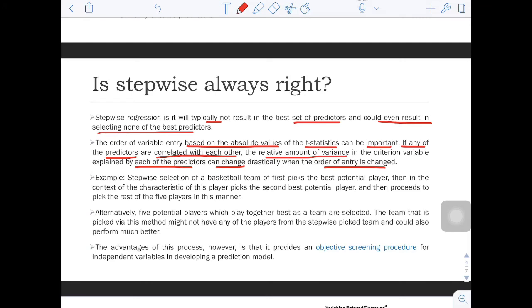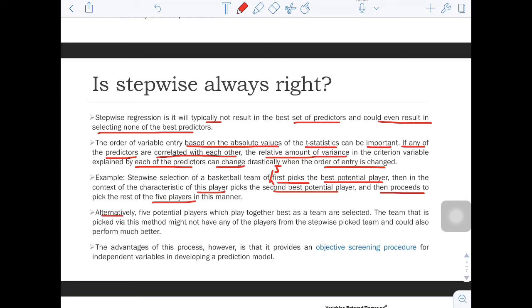For example, let's say you are picking a basketball team of 5, where the first is picked as the best potential player, and of course you need to select 5, so you select the best player based on their previous performances. Then in the context of the characteristics of this player, you pick the second best potential player, and the process goes on until you select all 5 players.